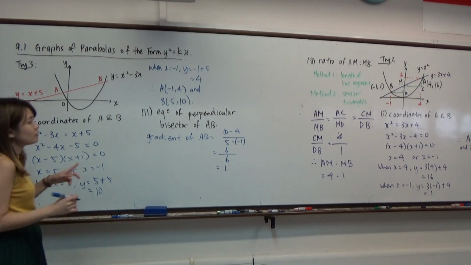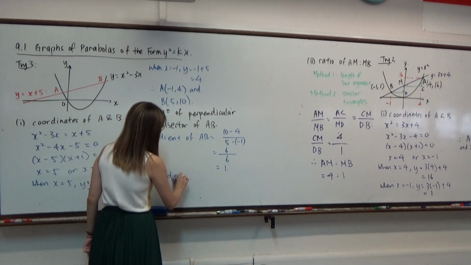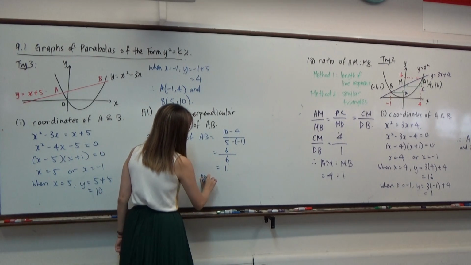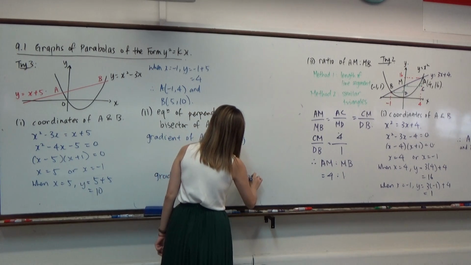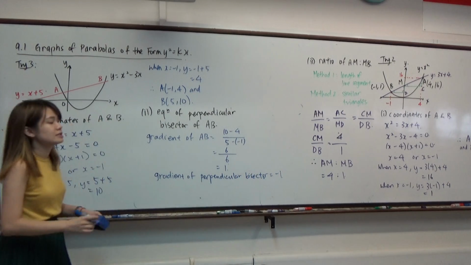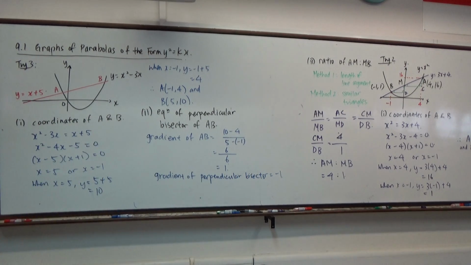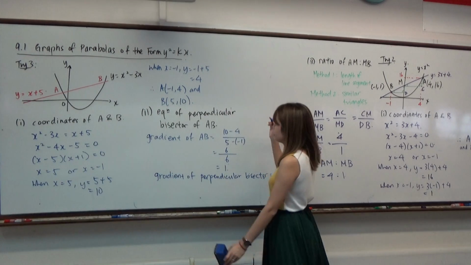Okay, we need to find the equation of the perpendicular bisector. So the gradient of the perpendicular bisector will be equal to the negative reciprocal, so that will be negative 1 in this case. Then after that we need to find the midpoint.